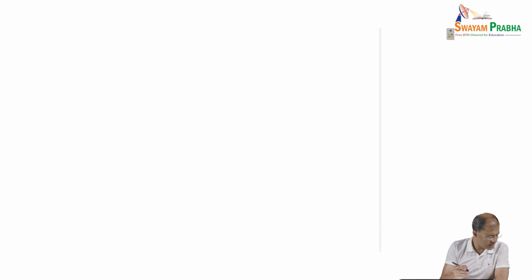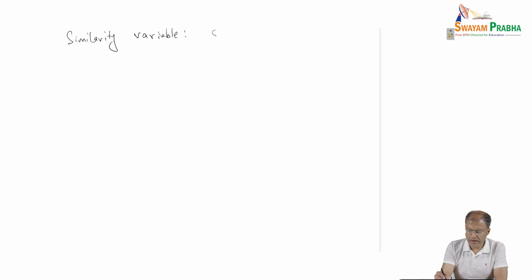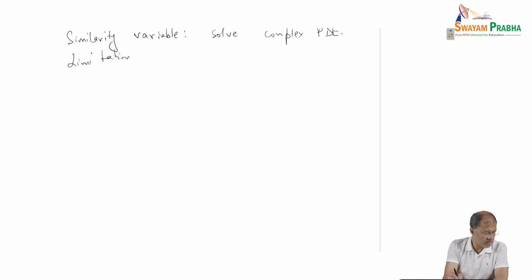What I said is that the similarity variable is an alternate route of solving complicated partial differential equations, so solving complex PDEs, but the limitation is that the problems must be of specific form.